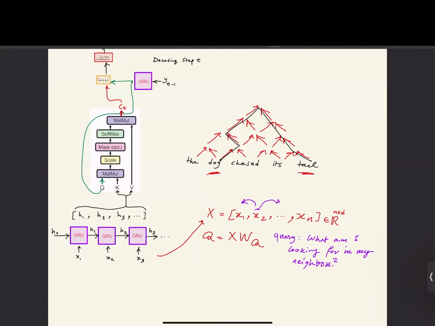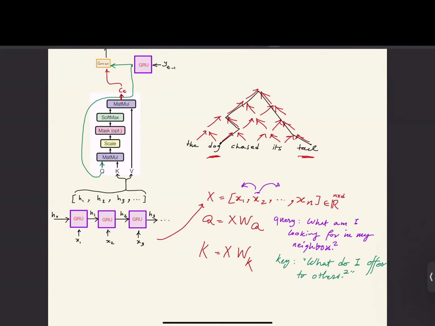Also, the same X provides keys. And here, key basically means what do I offer to others? And at the same time, value: what information do I contain? So each position in the sequence can attend to every other position to gather context.